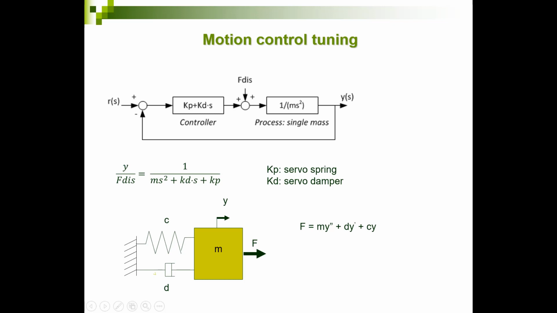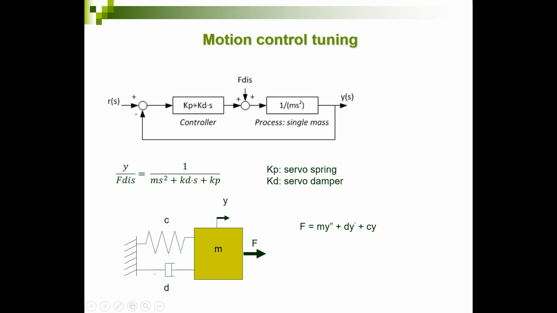This means F equals m times the double derivative of y, plus the damping force d times the speed, which is d times the derivative of the position, plus c times y. And now we can derive the transfer function y over F in the S domain. So we're going to replace the derivative by s. Then we get in the Laplace domain F equals m times s squared times y plus d times s times y plus c times y.